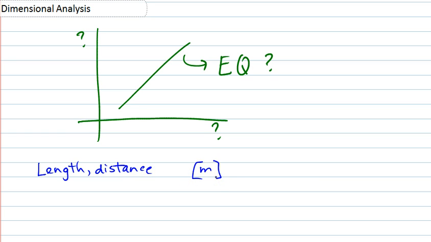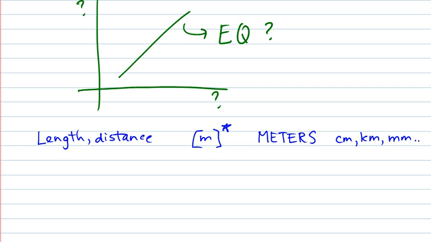We put it in brackets with an m, which stands for meters. Of course you can also have centimeters, kilometers, millimeters and so on, but for the most part we stick with the base units, and meters, or m in brackets, is one of our base units. The second one is mass, and that is the kilogram.